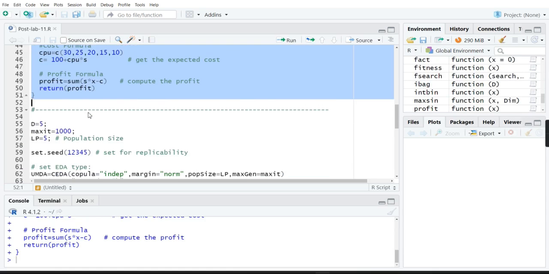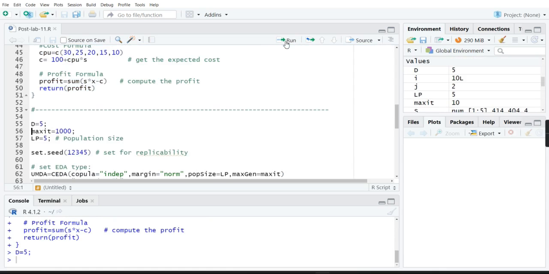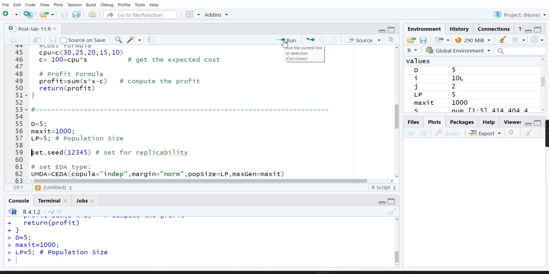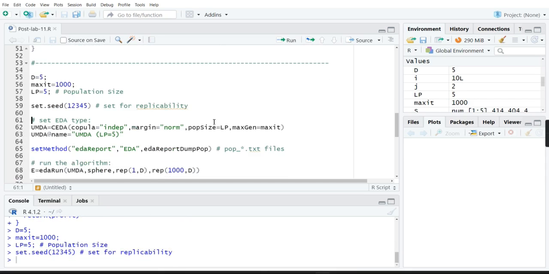So we executed, we set the dimensionality as 5 since 5 bags are there. Let us suppose we want to execute 1000 iterations, and the population size, the number of solutions in each population, let us take 5, and then this is for probability. Then you have to set this control list parameters.